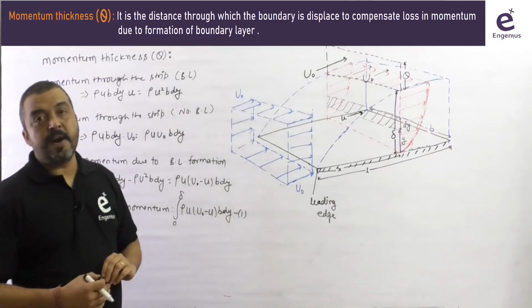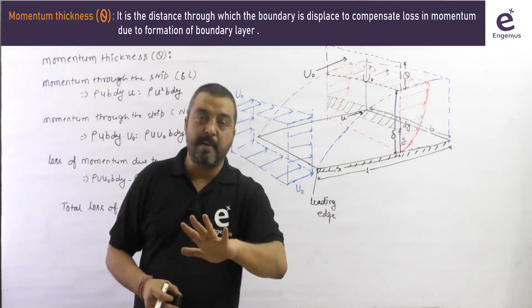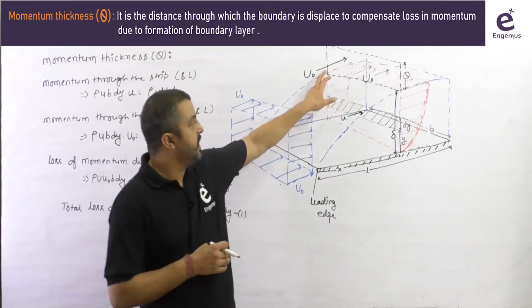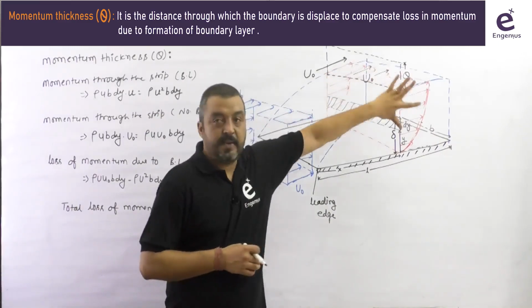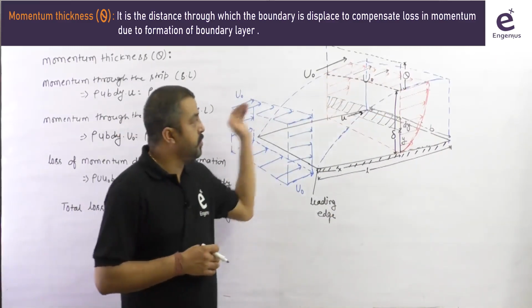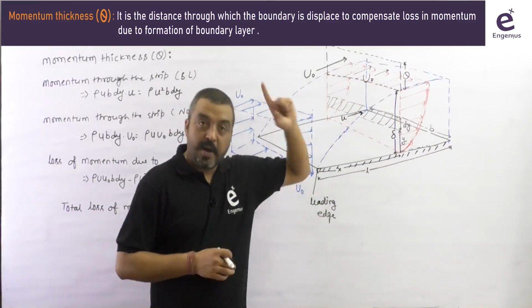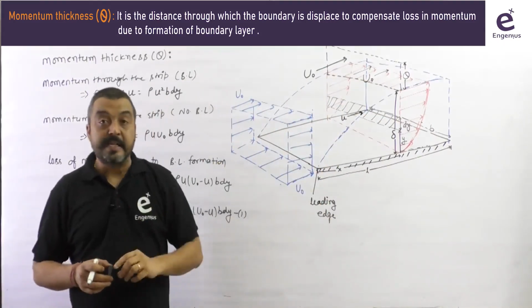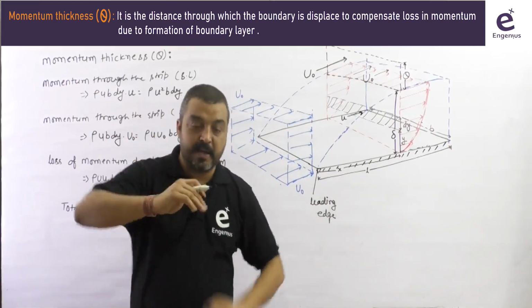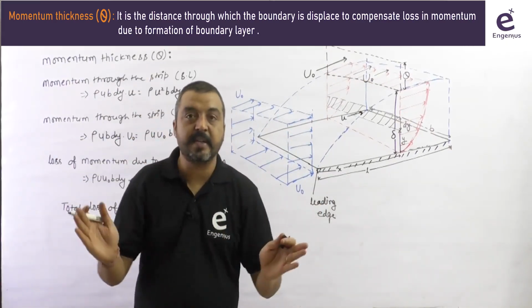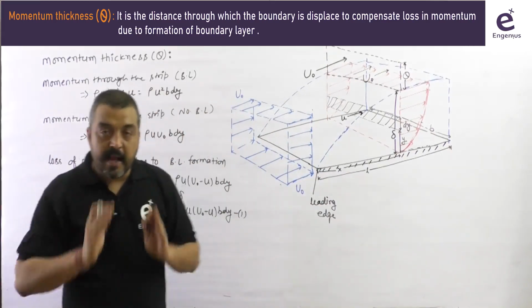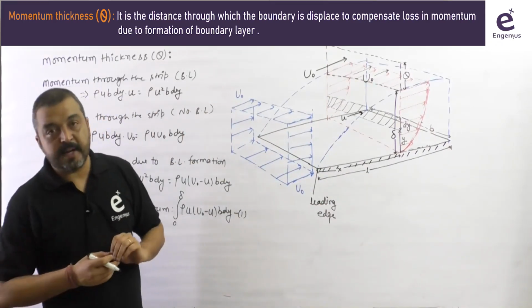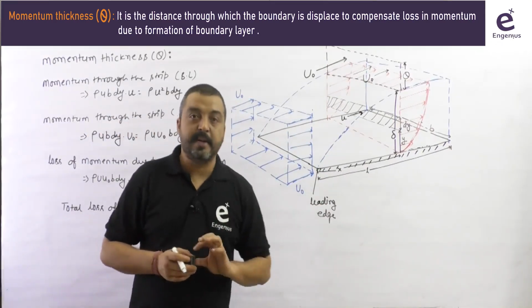OK, now I want to overcome the 10 amount of momentum loss. So in this case I will displace the boundary in such a way that the momentum passing through this one is with the velocity u naught, because in this case this is the displacement in the free stream. Here you can't take the same velocity. But the exact amount of momentum that we are taking here will be exactly the same as the 10 here.